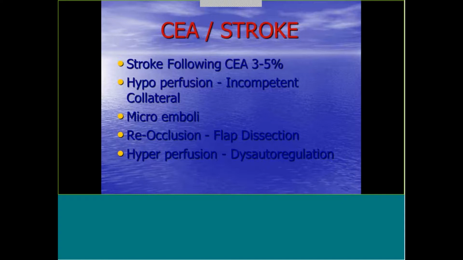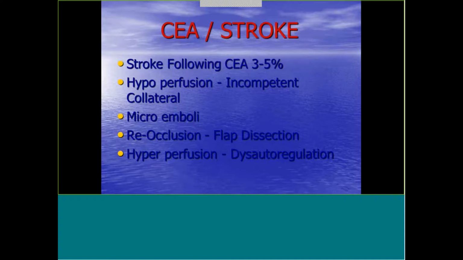Now, the final complication that will cause a stroke following endarterectomy is not hypoperfusion, where we have really poor flow, but now we have hyperperfusion, which is an increase in blood flow velocity associated with dysautoregulation. So the vessels in your brain are maximally dilated. They are so used to being starved that they're as big as they can get.